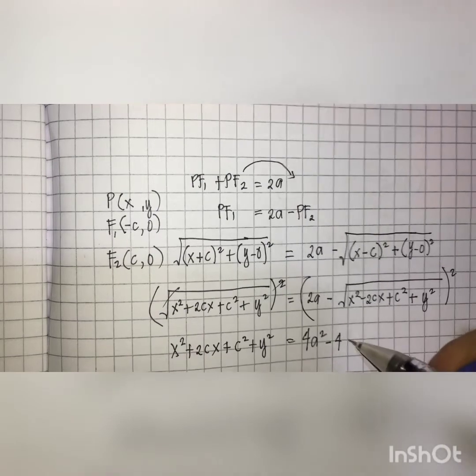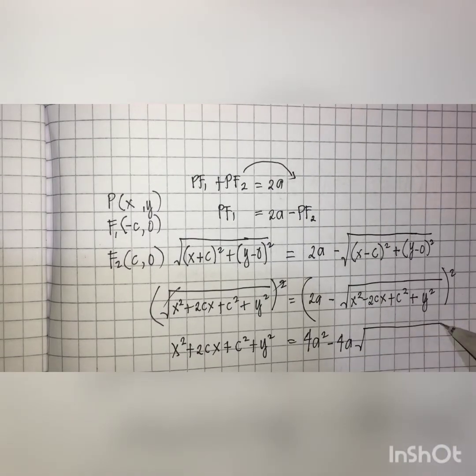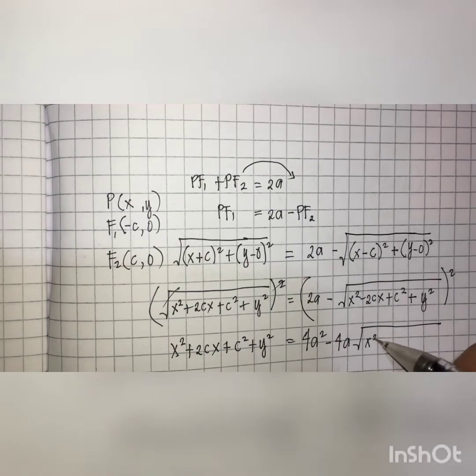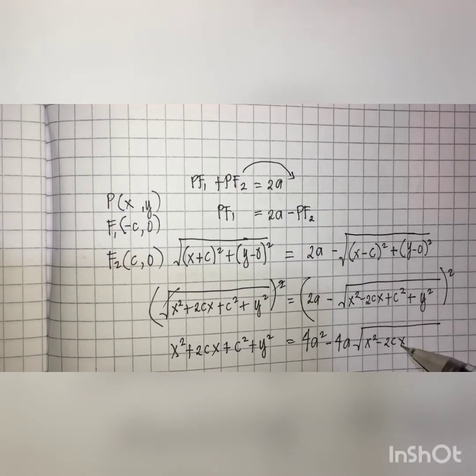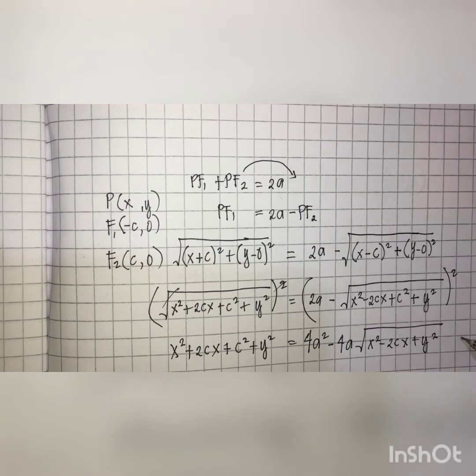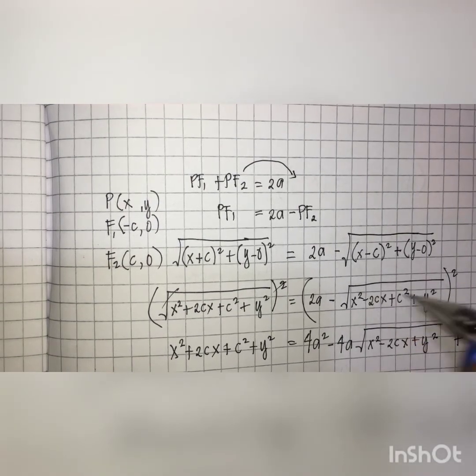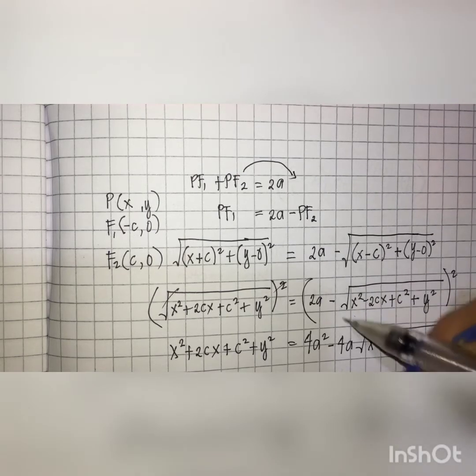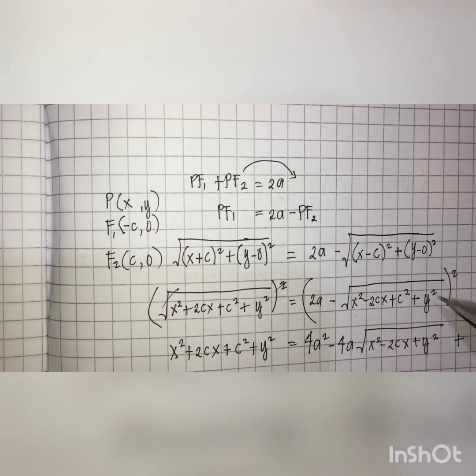That is 4a square root of x squared minus 2cx plus y squared plus... okay, so lastly, just square this value here, get rid of the square root.